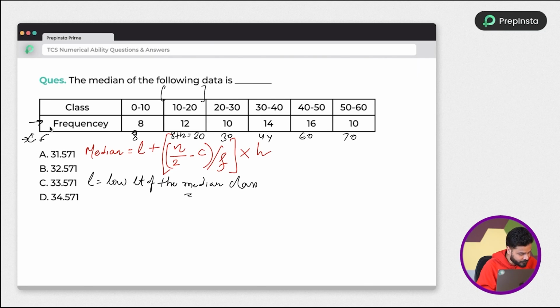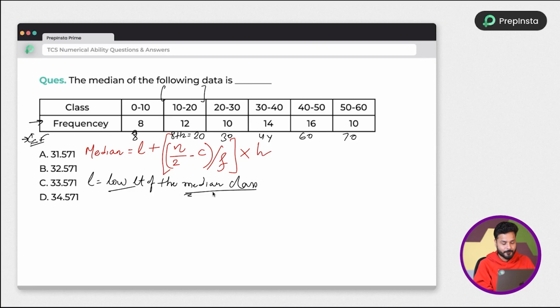So now we have got the cumulative frequency: 8, 20, 30, 44, 60, and 70. Now, what is the median class, guys? To find the lower limit of the median class, I said you first find the cumulative frequency, and we have found that.